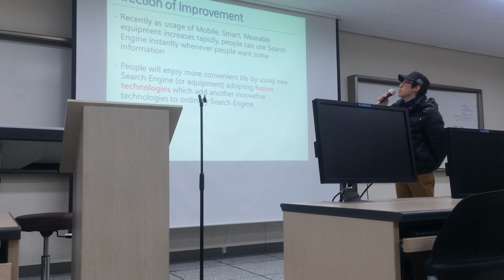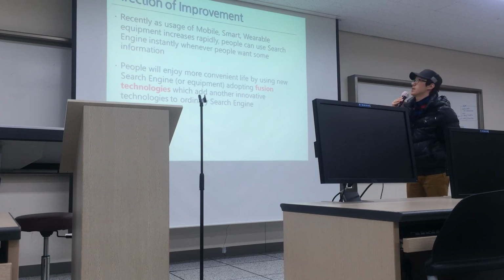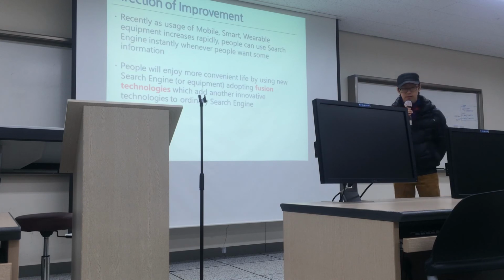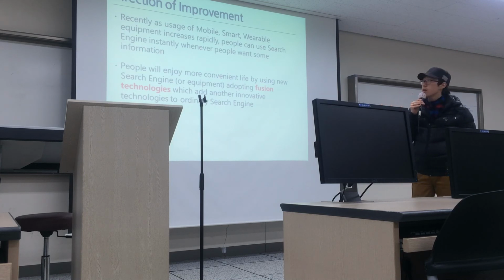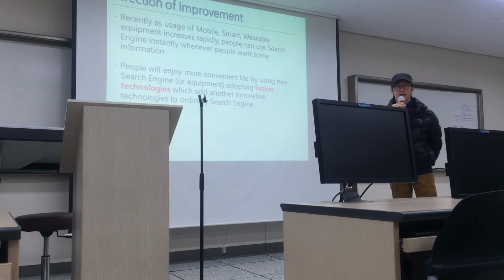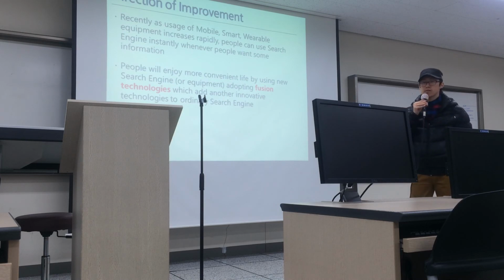We think about the direction of improvement in search engines. First, recently as the use of smart, wearable, and mobile equipment has increased rapidly, people can use search engines whenever they want some information.